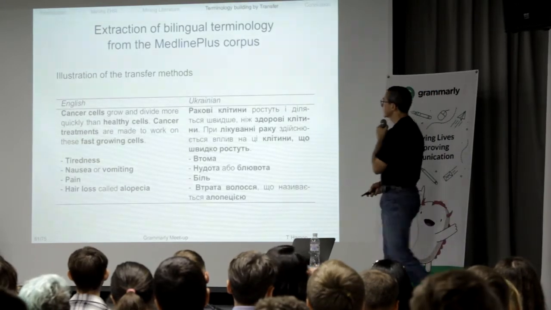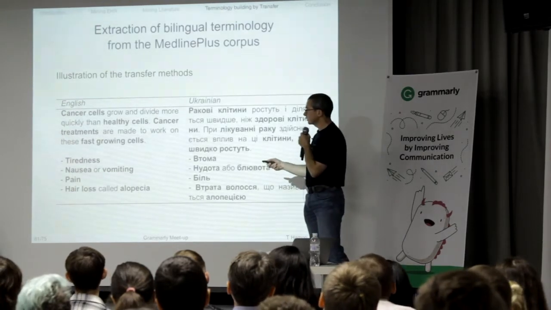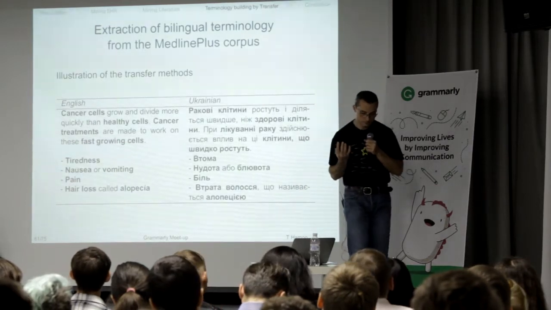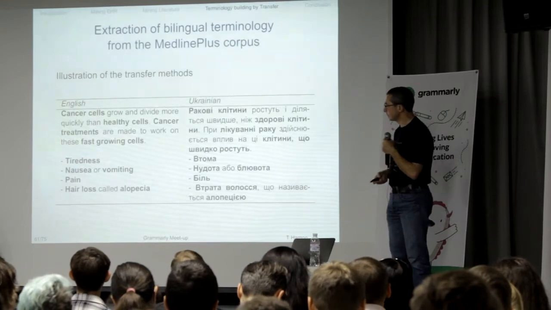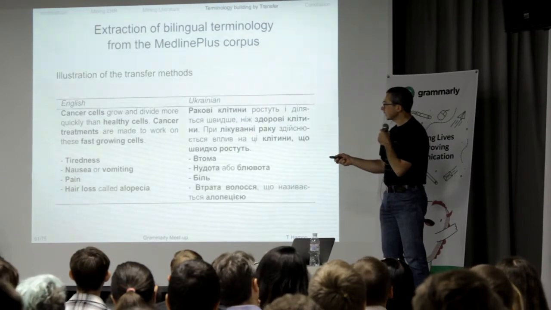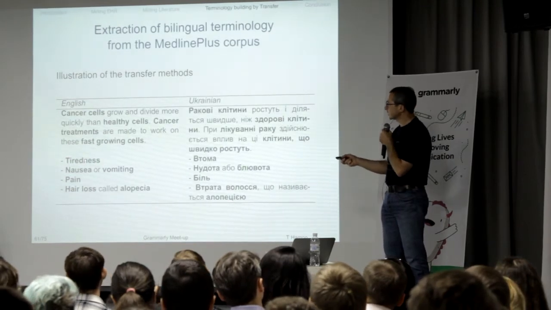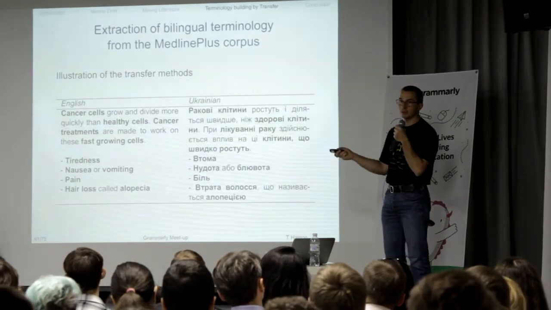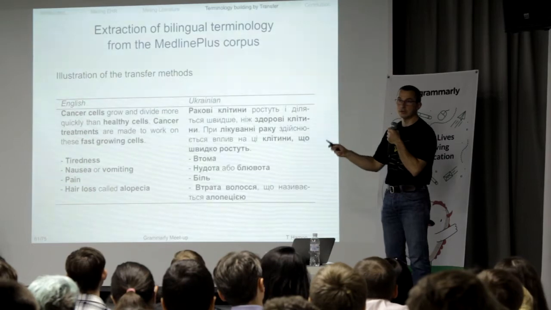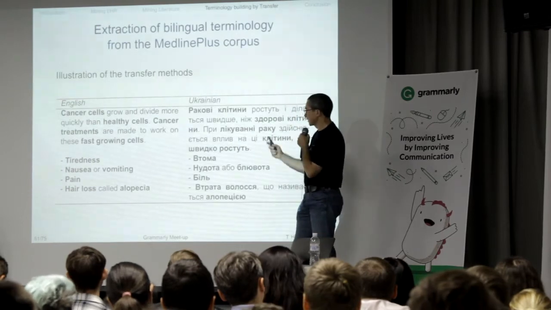Now the transfer methods. We observe two things: there are a lot of lists. So we define a first transfer method, taking advantage of the lists.